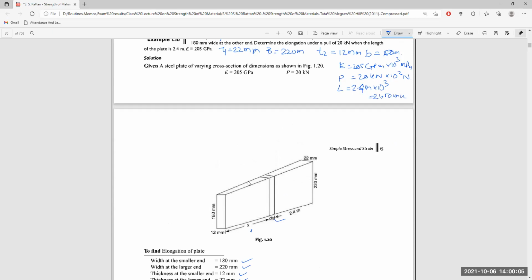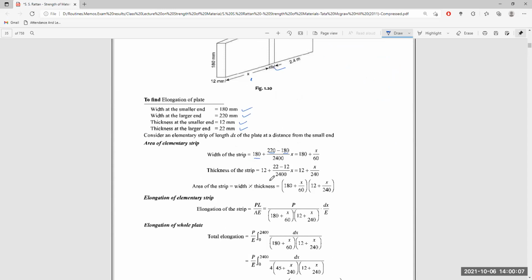So we have all these things here. The length is given, and the width of the strip at this section x is given by 180 plus x by 60.